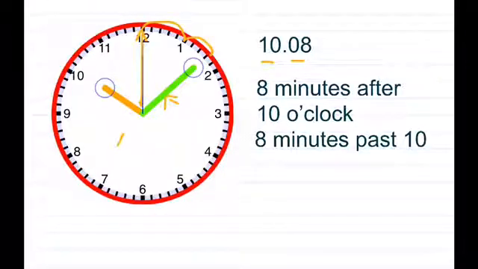I guess you've read my mind very quickly. Another way of saying 10:08 is 8 minutes past 10. Notice how we use the terms past and after when telling the time as the minute hand moves from 12 following a clockwise direction.